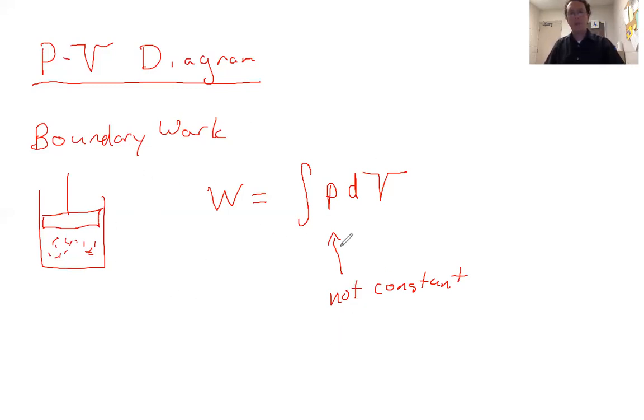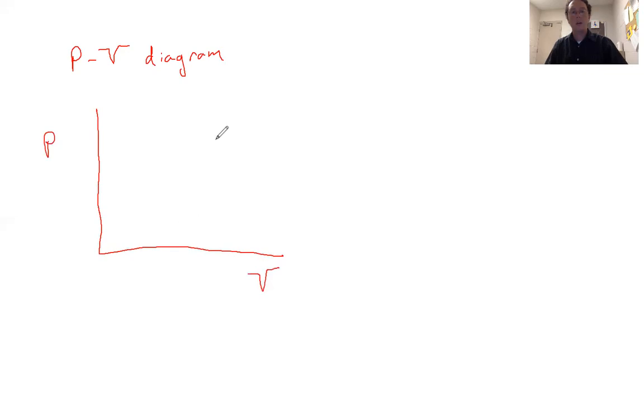Let's think about this from a different point of view. What I'm going to do is think of it graphically. So graphically, we can make a PV diagram. And so if I do that, I get something like this.